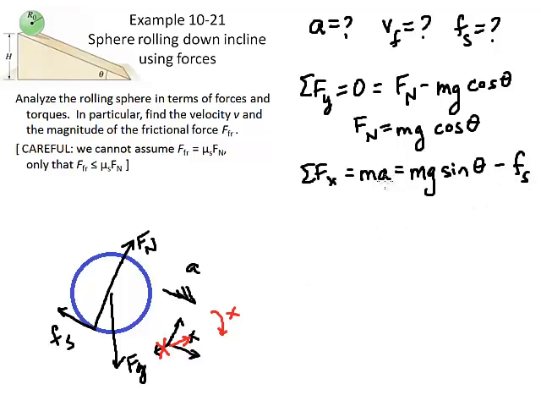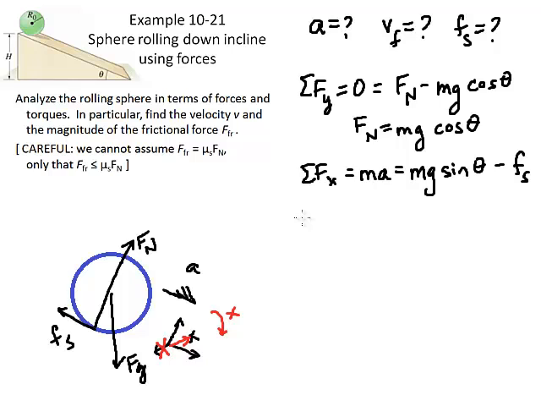Now, at this point, you might be tempted to plug in that Fs is equal to mu s Fn. But remember, that is a boundary condition for when the sphere would be about to slip, and that is not necessarily the case here, so we can't plug in mu s Fn for this force of static friction.